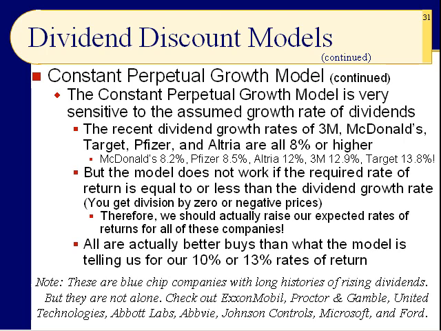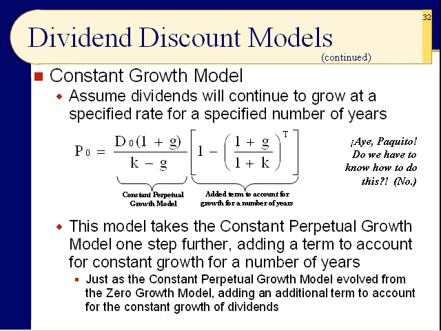All right. Now, continuing. The constant growth model takes the constant perpetual growth model one step further by adding yet another scary-looking term to our model. It assumes dividends will continue to grow at a specified rate for a specified number of years. Do we really have to know this?